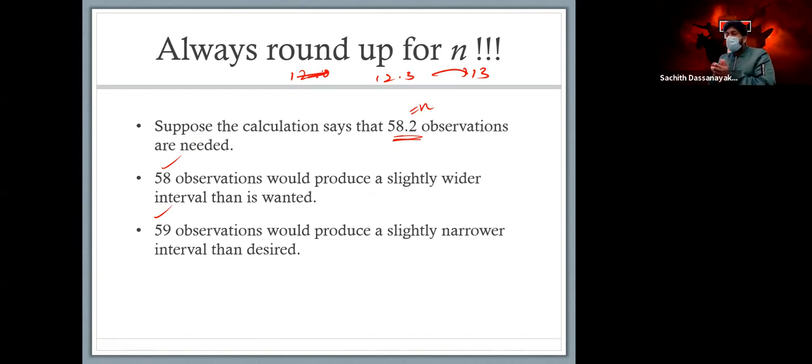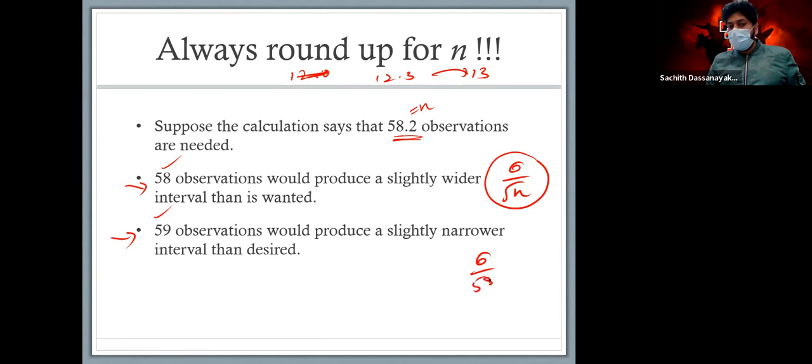I mean the gap between the lower bound and upper bound for 58 observations is much bigger than for 59 observations. Because of what? Sigma over square root of n. This portion for sigma over root 58 is greater than sigma over root 59. Clear? That's the reason.